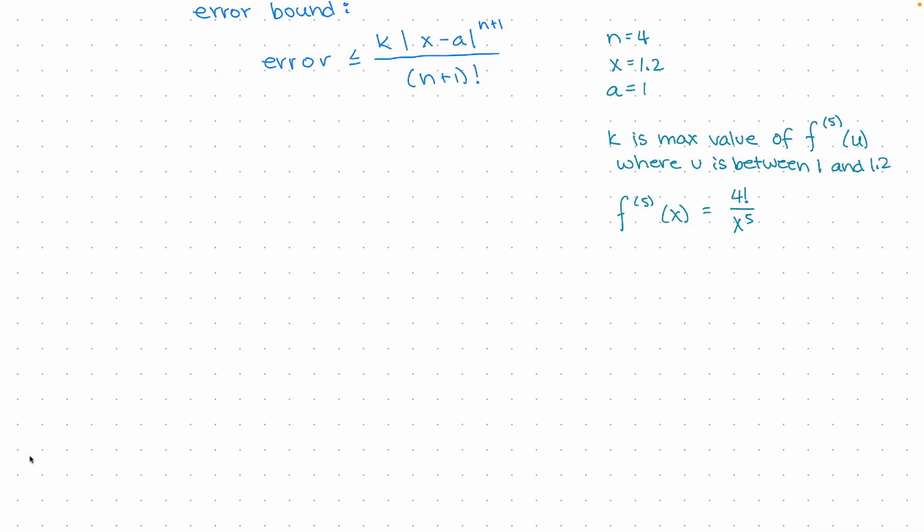So if I'm going from 1 to 1.2, yeah, it's always decreasing. The denominator is going to get bigger while the numerator stays the same. So if the denominator gets bigger, the whole fraction gets smaller. This is a decreasing function on that interval, so we know the max value happens at x equals 1.